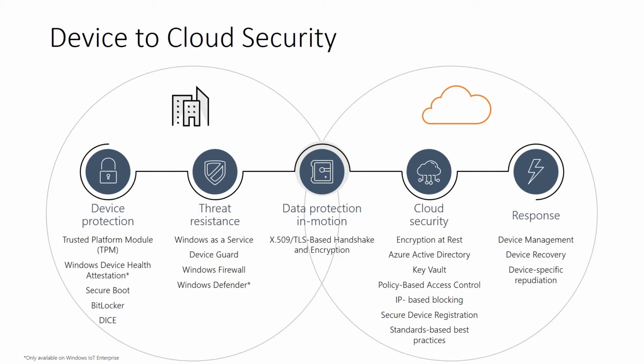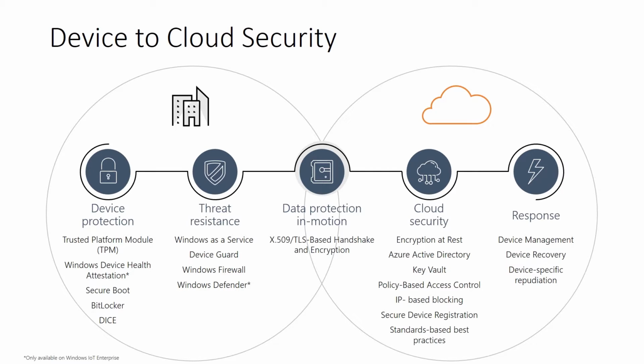These are all hardware security features that fully integrate into the authentication mechanism, connectivity mechanism, encryption mechanism that IoT Hub and the SDKs implement for me. In terms of threat resistance, if I'm using a gateway that is running Windows, eventually I can benefit from all these services that come with Windows: Windows as a service, the firewalls, Defender, that will shield my gateway from any sort of attacks.